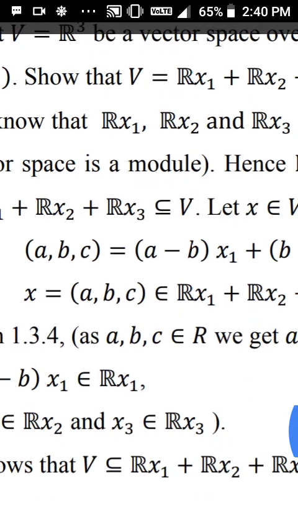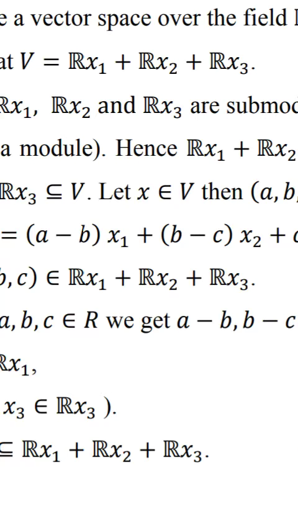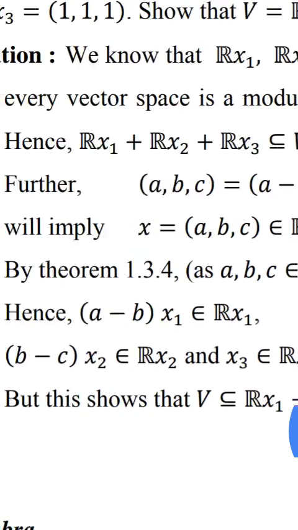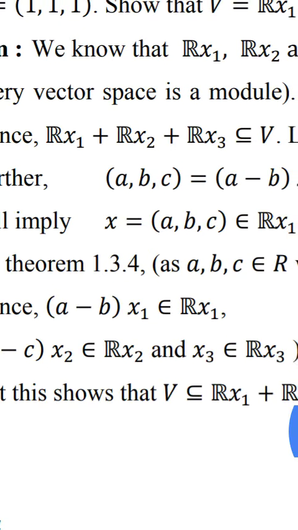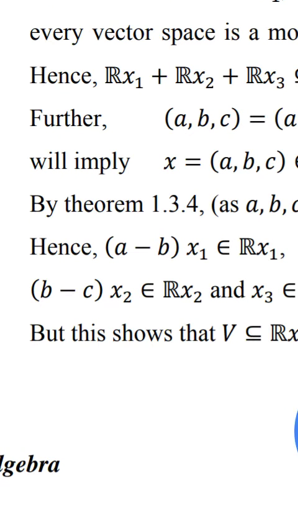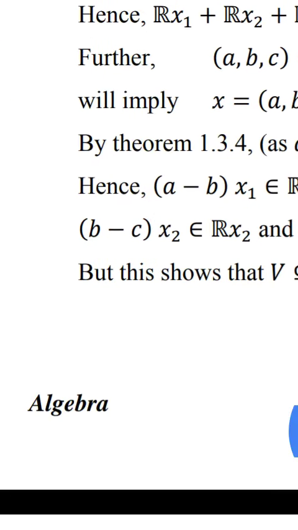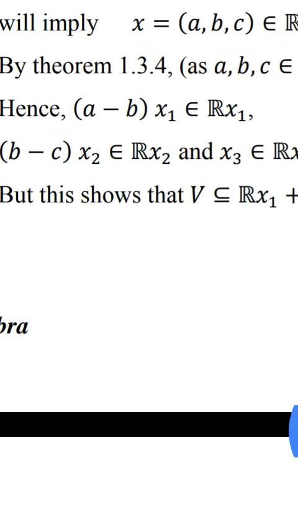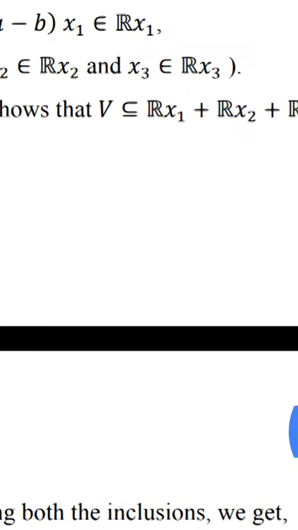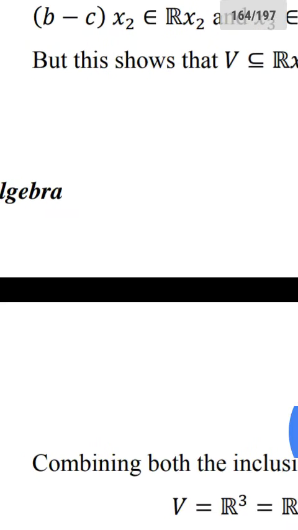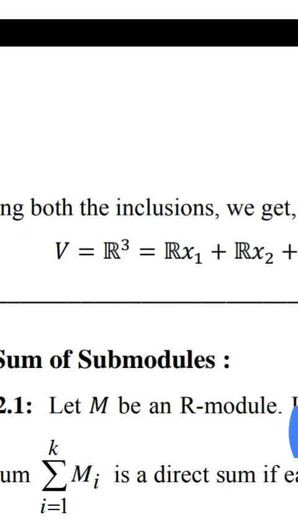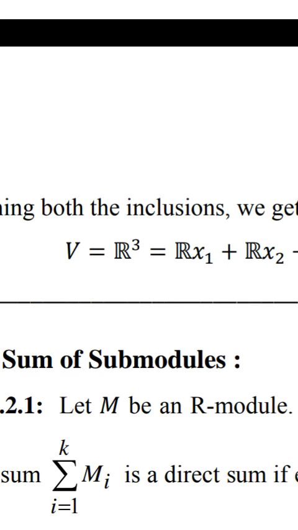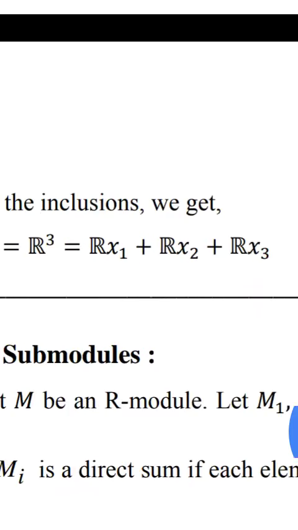As a, b, c belong to R, we get a minus b, b minus c belong to R. Hence, (a minus b) x1 belongs to Rx1, (b minus c) x2 belongs to Rx2 and c x3 belongs to Rx3. But this shows that V is a subset of Rx1 plus Rx2 plus Rx3. Combining both these inclusions, we get V is equal to R cube is equal to Rx1 plus Rx2 plus Rx3.